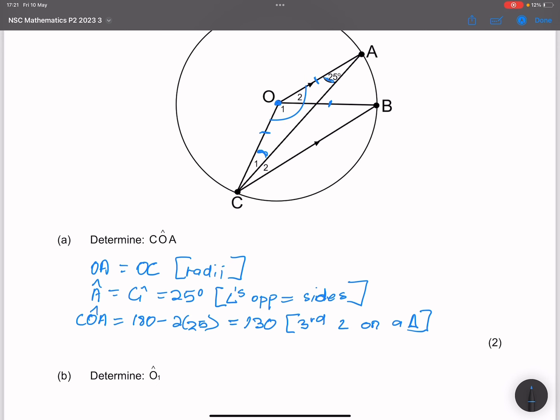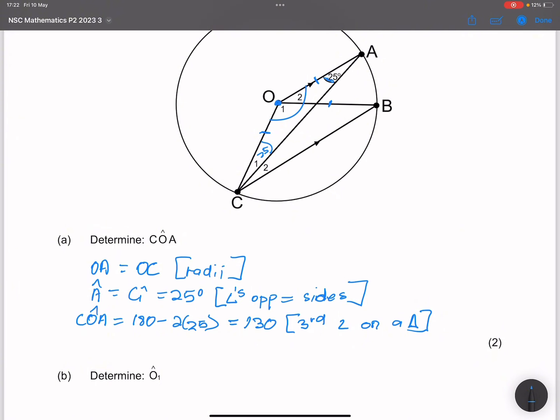Now they want us to find angle O1, okay? So let's see. Angle at center twice angle at circumference. I already know this guy is 25 degrees. Now notice, ladies and gents, that if I look at O1, we've already said that that angle is 25 degrees.